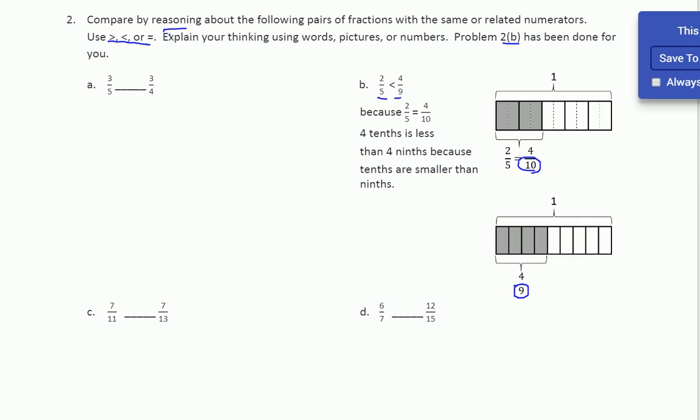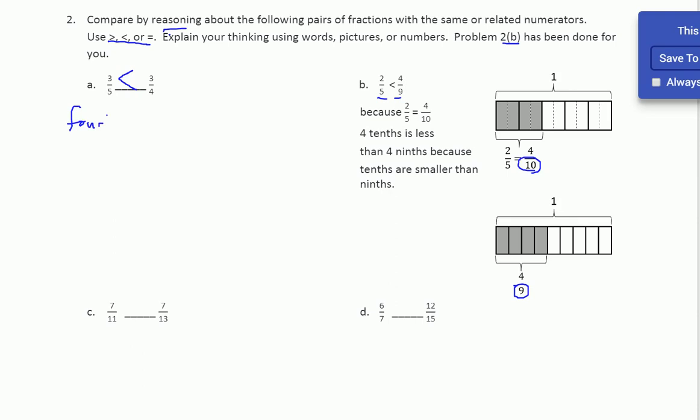Well, let's look at our first one here. There's 3 slices of both, but in this case we only have fourths and fifths, and we know that fourths are greater than fifths, so we can just say that fourths are greater than fifths. Fourths are larger units than fifths. I'm just going to use that.